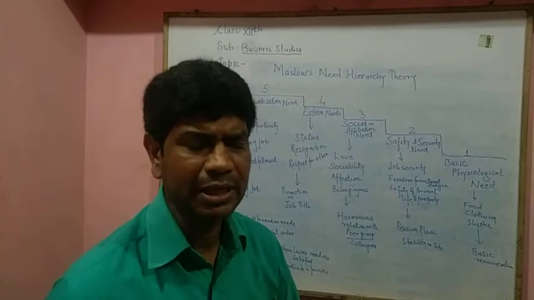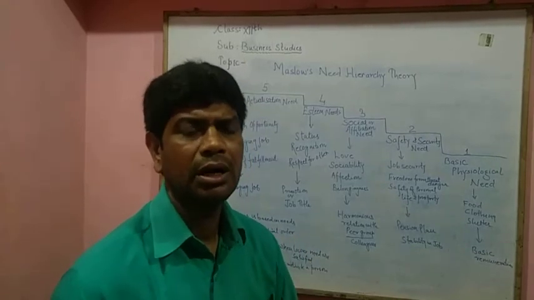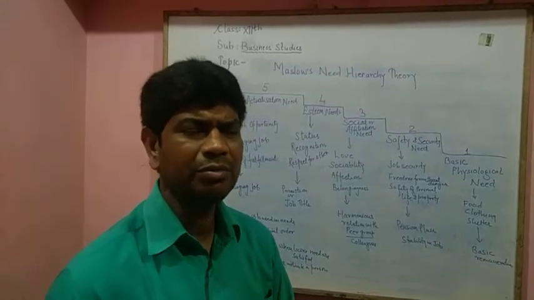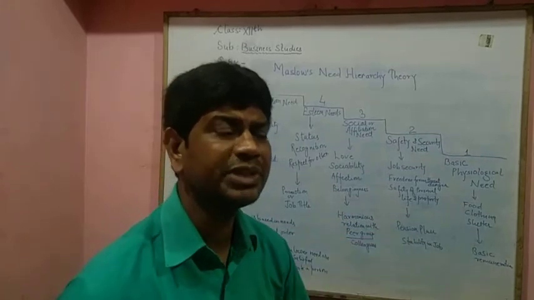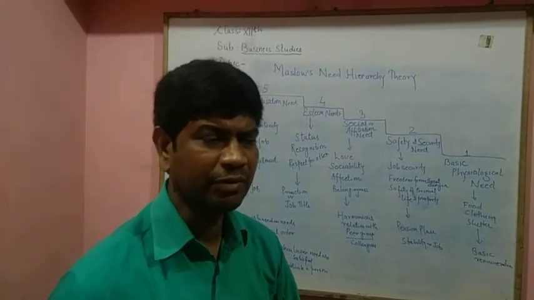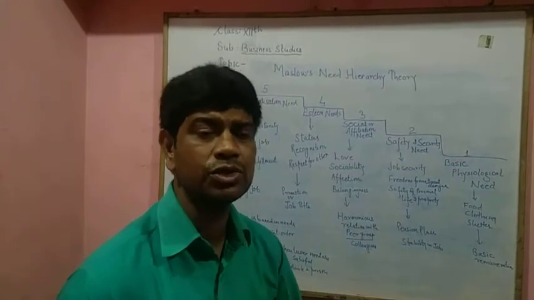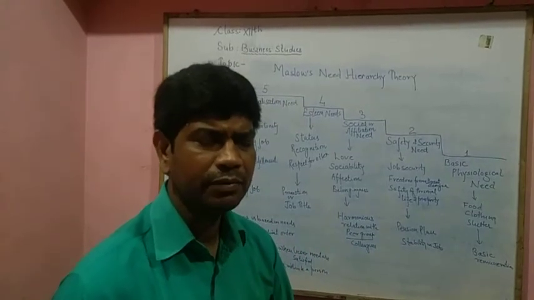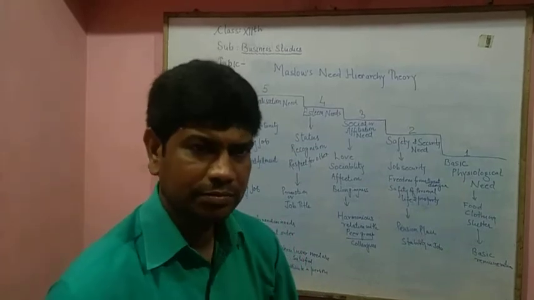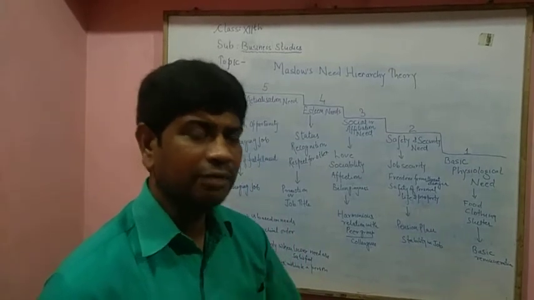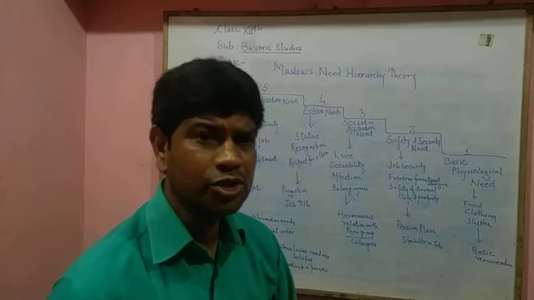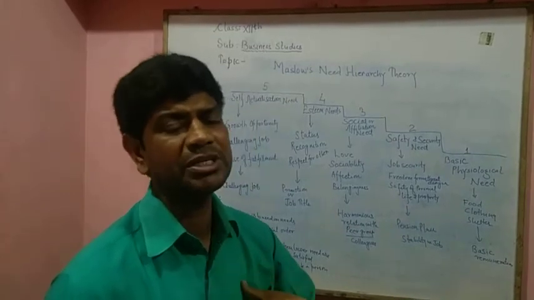Being a human being, a social animal, we always try to associate with others. We want to live a peaceful life. We want to have social belonging, social groups, and therefore we want to affiliate with others. We want to share love and affection. And similarly, we also want to be respected and be given love and affection.